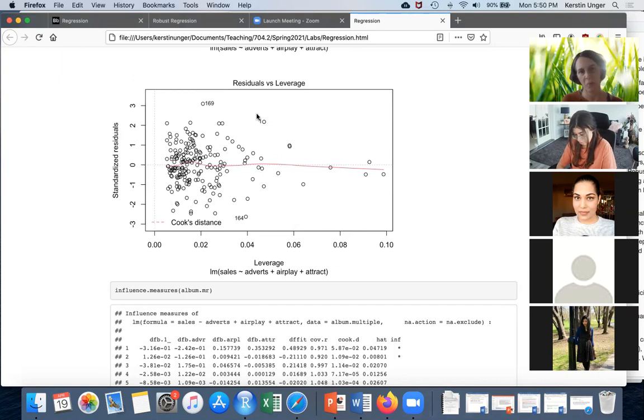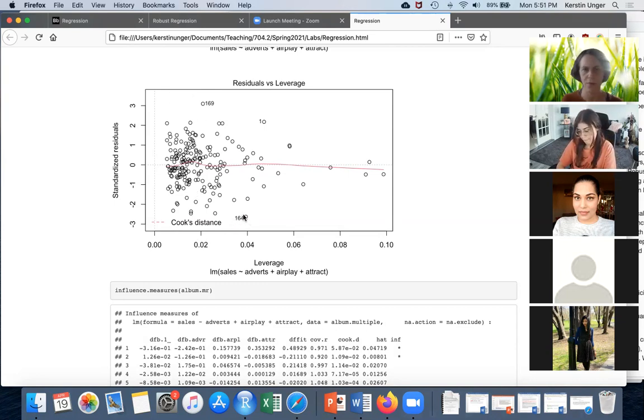That looks all pretty good here. The ones with the largest leverage actually have the smallest residuals, meaning they align very well with the regression model. Then our one at 69, which has a large residual, has small leverage, so that's why it's not that much of a problem.